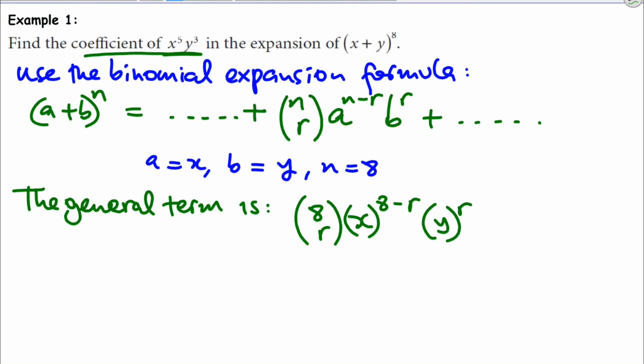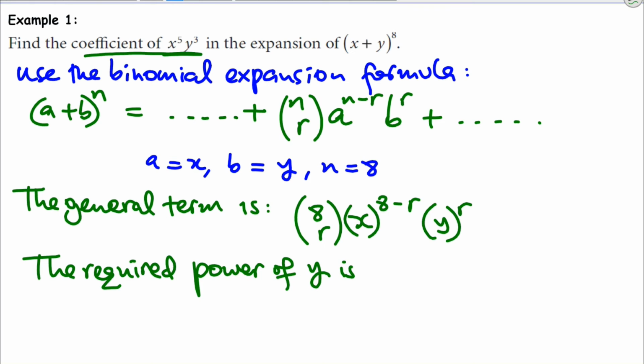So the required power of y is 3. By inspection, r is equal to 3.